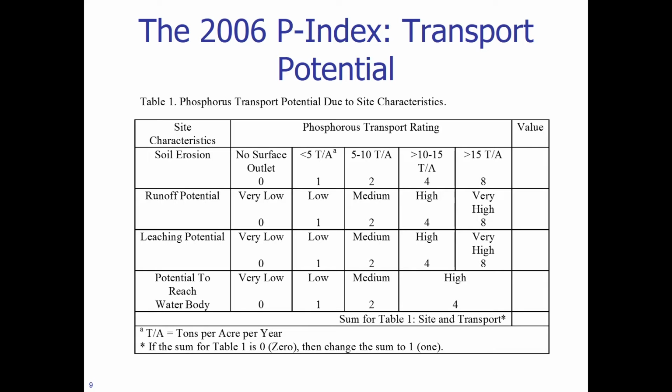Again, the sum of all the values would give the value for the site and transport. And we have noted earlier, if the sum in the table 1 is 0, then the sum would be considered to be 1.